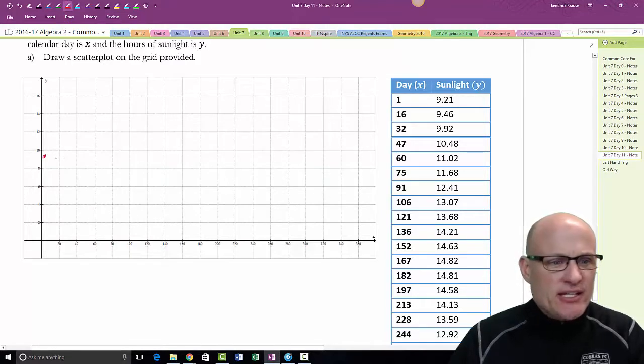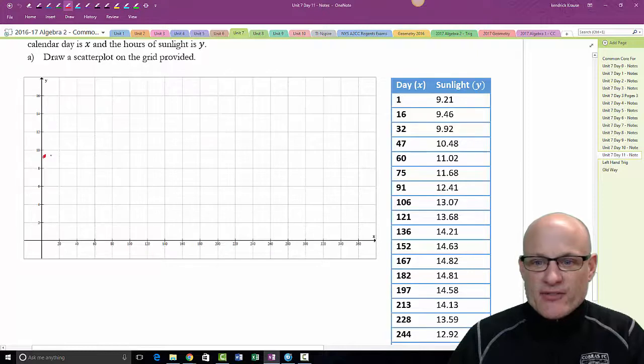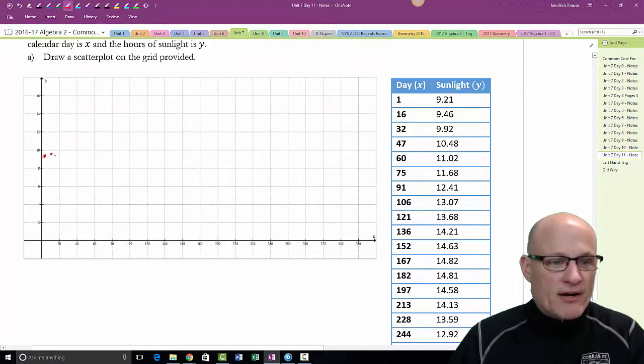At day 16, we are at a little more than 9 hours. At day 32, we're still at about 9 hours. But we're getting close to 10. Really close. Gosh, I hate that. Really close to 10. And at 47, we are at a little over 10.